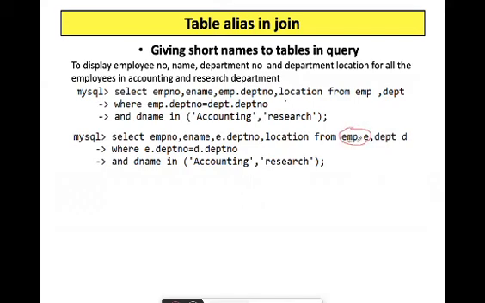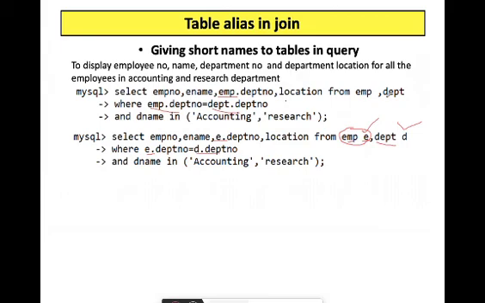Along with the table name, by putting a space, you have written a table alias, so that this table should be referred to as E and this table should be referred to as D. Wherever you were writing emp, in place of that you are writing E, and wherever you were writing dept, you are writing D. Here also you were writing emp and I have written E here. So this is how the table alias is given.